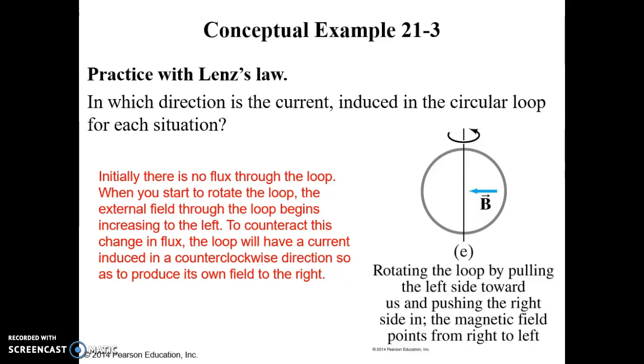Now, initially, there is no flux through the loop when you start to rotate the loop. The external field through the loop begins to increase to the left. To counteract this change in flux, the loop will have a current induced in a counterclockwise direction so that it produces its own field pointing to the right.